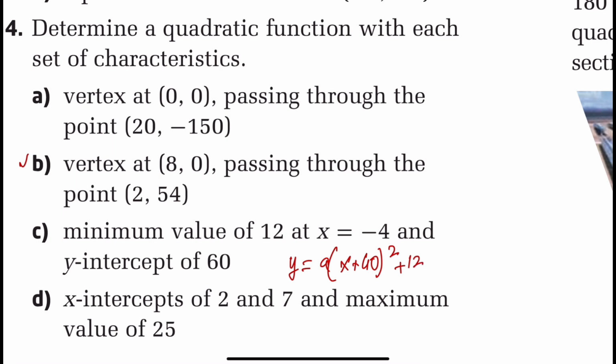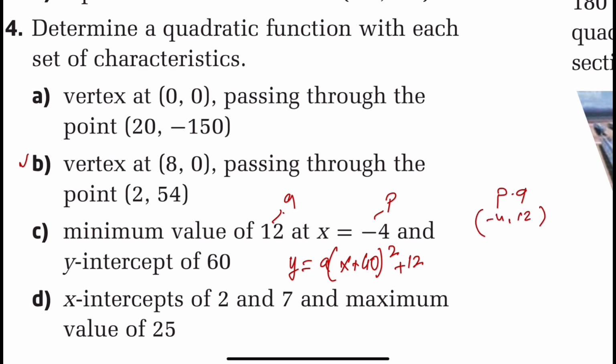So this is your P, this is your Q, because the minimum value is the Q, and x is equal to minus 4 is the P. This shows me that my P and Q are minus 4 and 12.